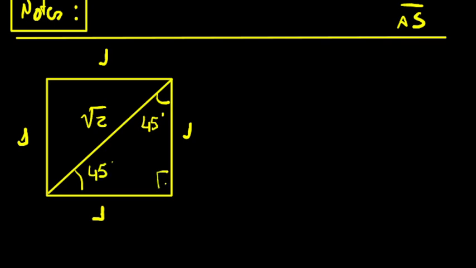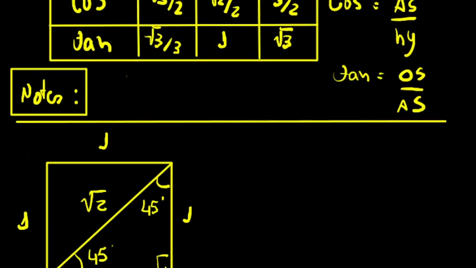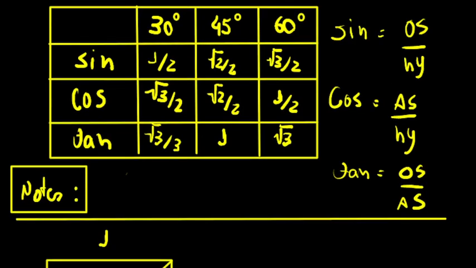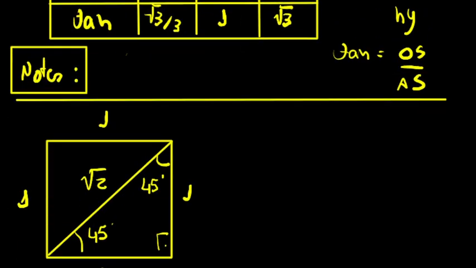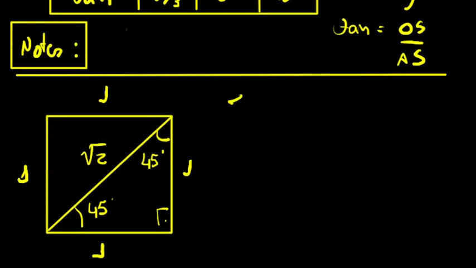So in this case we just want to prove the 45 degree values of sine, cosine, and tangent. So let's do this. The sine of 45, let's take this angle right here. The sine is equal to 1 divided by the square root of 2.